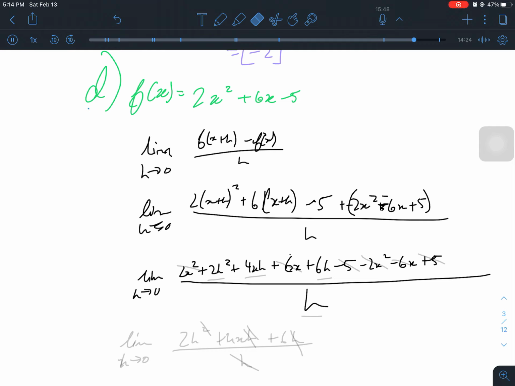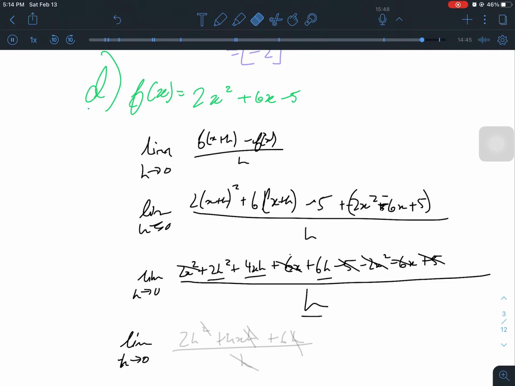That's a big line. Limit h approaches 0. The 2x squareds become 0. The 6x's become 0. The 5's become 0. We're left with the 2h squared, 4xh, 6h.